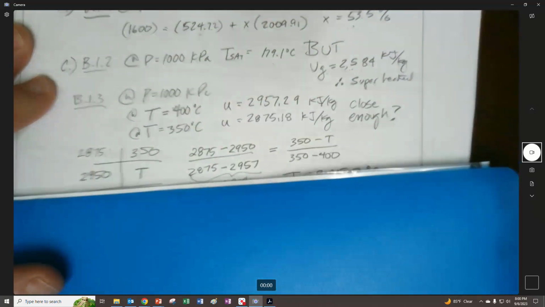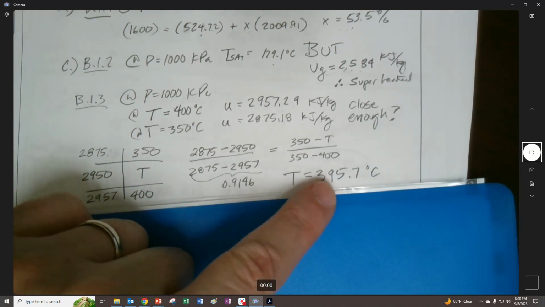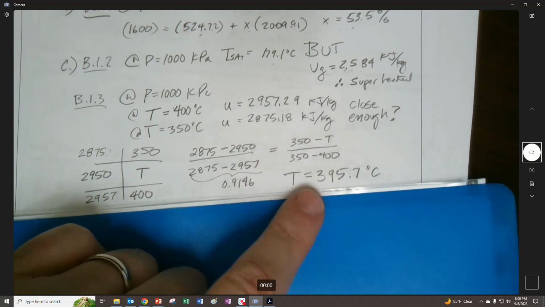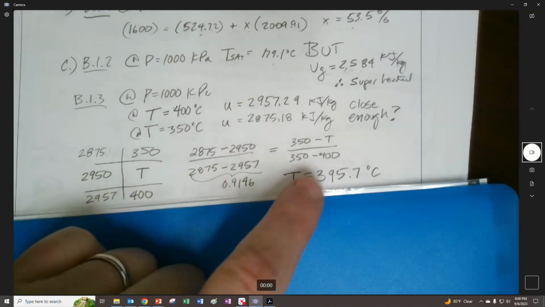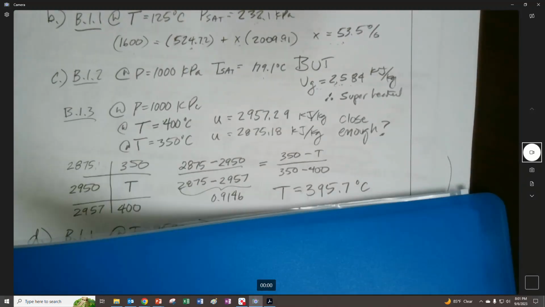So we go ahead and do an interpolation, and we find, yeah, it's almost 400, 395.7. So that's a significant enough difference, 496 compared to 400, that it was worth doing it, right, to interpolate and find out what that temperature was going to be.